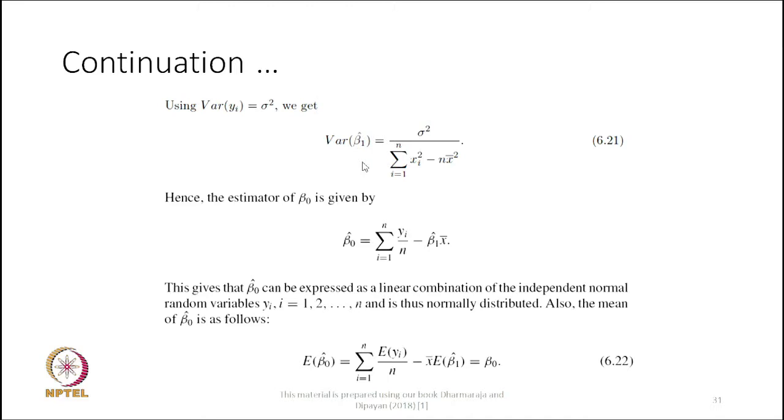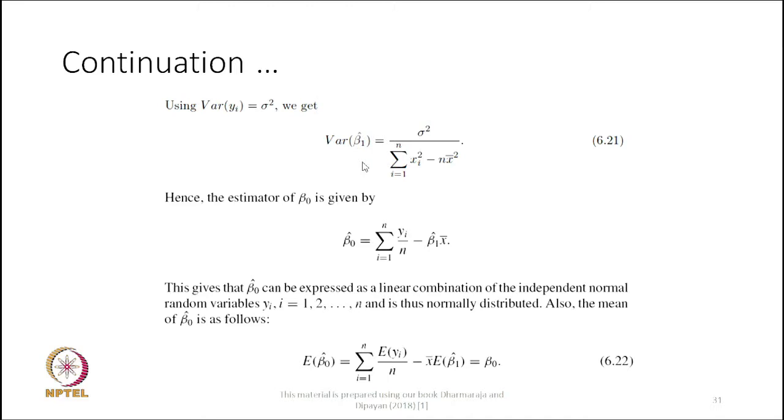So, using variance of Yi is equal to sigma square, you can get the variance of beta 1 cap. So, basically first we are finding the estimators of beta naught and beta 1, then we find the expectation of estimator beta 1, which is going to be the same as beta 1. Therefore, we conclude beta 1 cap is the unbiased estimator. Then we are finding the variance of beta 1 cap also.